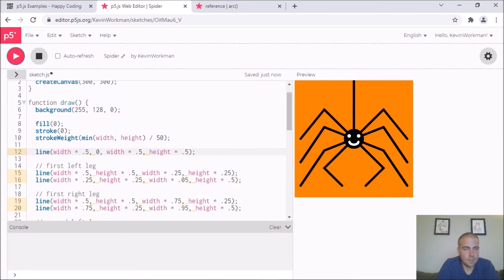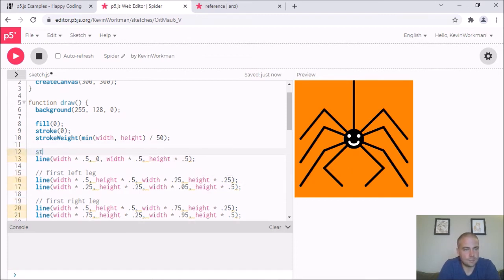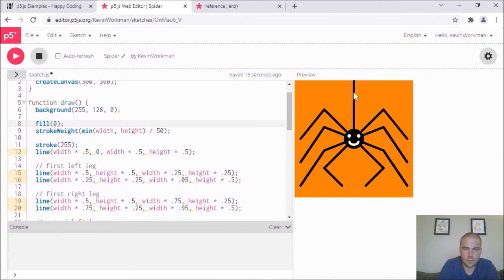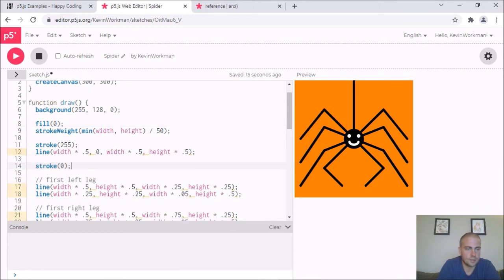So maybe I'll make that white, and then move this stroke down so that my web is white and my spider is black.